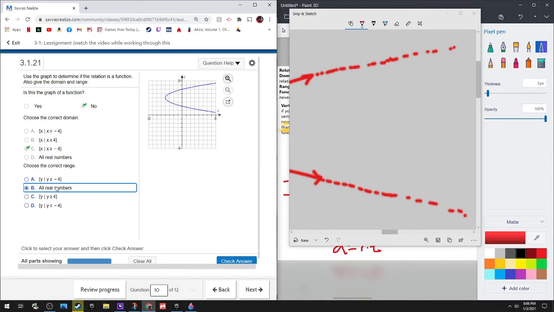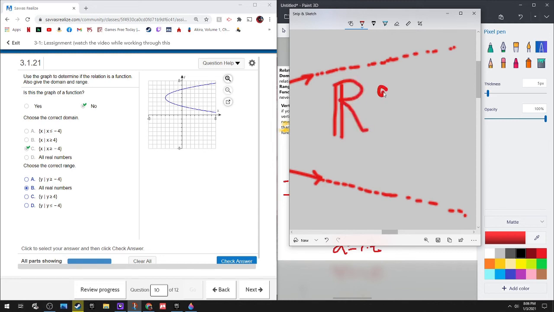All real numbers is a fancy way in math to say every number. And if you want a fancy way to write all real numbers, we write a capital R, but with a second vertical line like that. That means all real numbers.